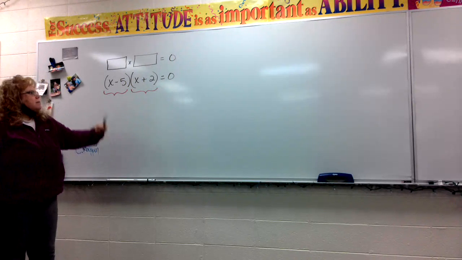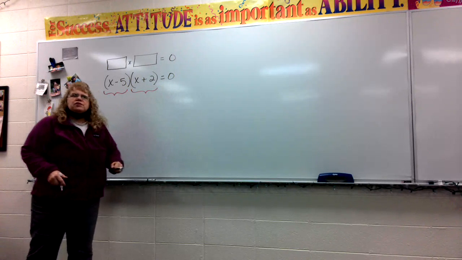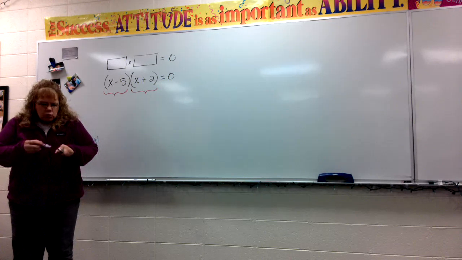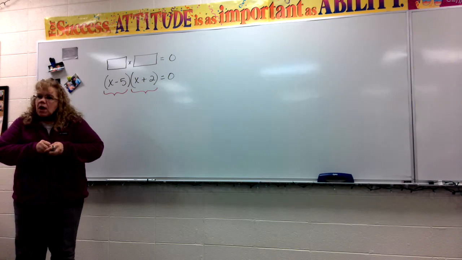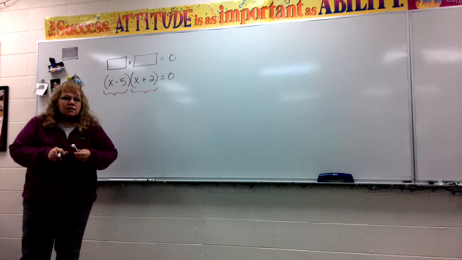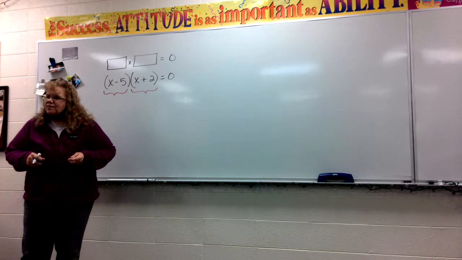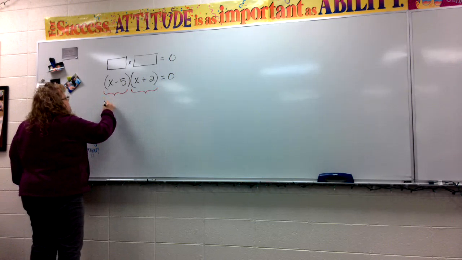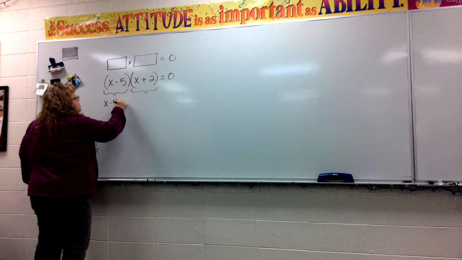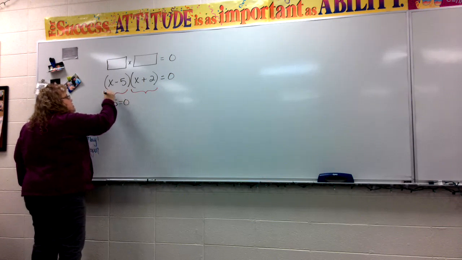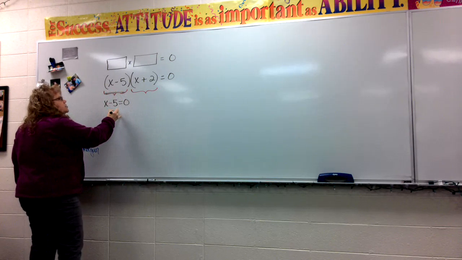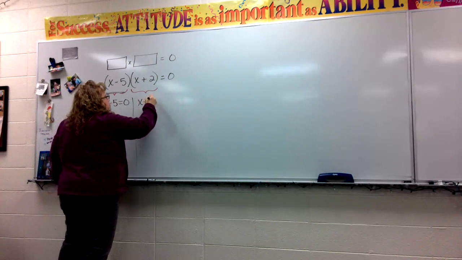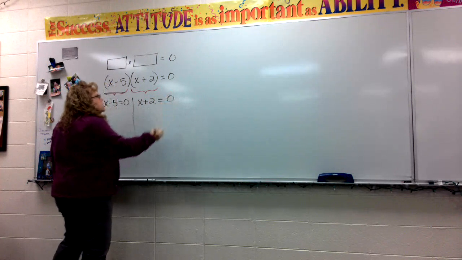The only way to multiply and get an answer of 0 is if at least one of those numbers is 0, right? Agree? Just shake your head a little bit. So that means either this whole thing equals 0, or this one equals 0.